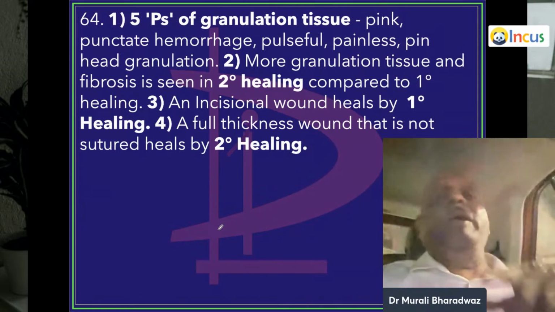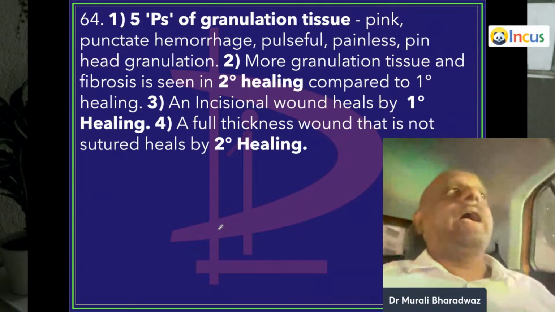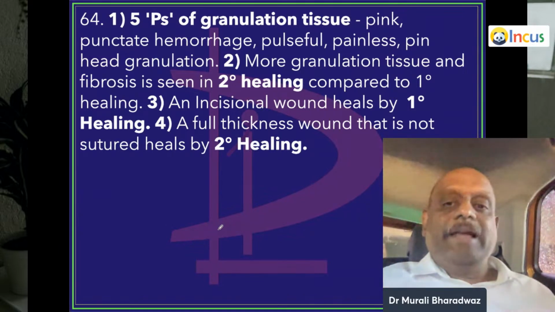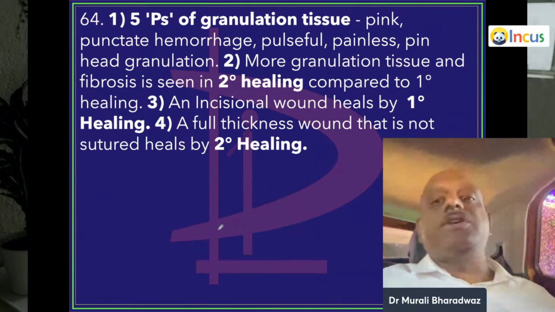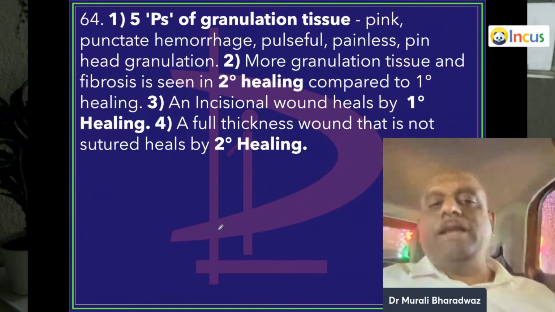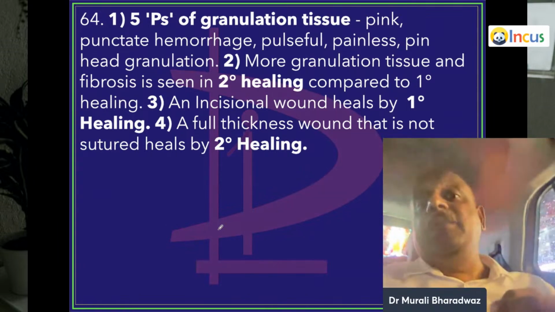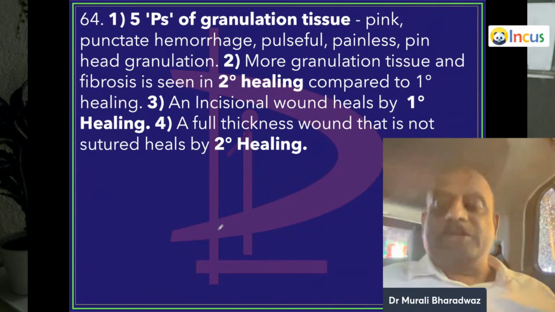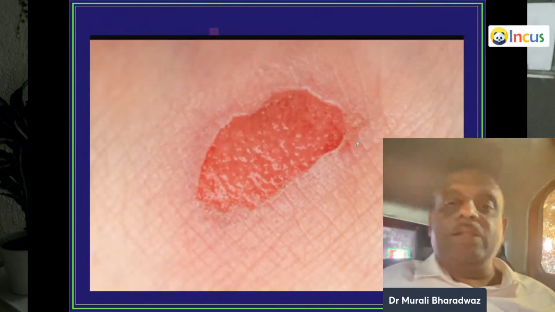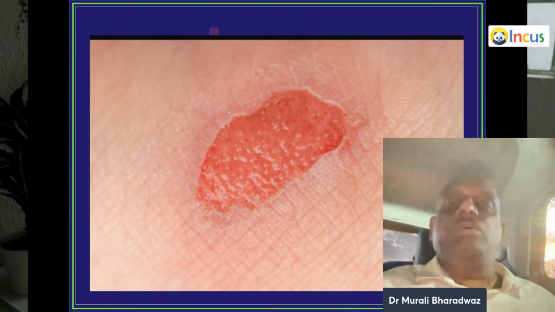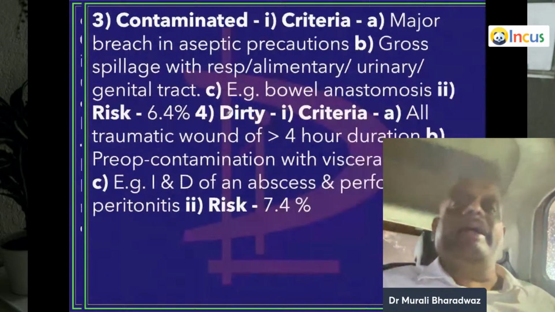More granulation and fibrosis is seen whenever healing happens by secondary intention. Whenever you give an incisional wound, it heals by primary healing. A full thickness wound that is not sutured will heal by secondary intention. That's what you need to remember.